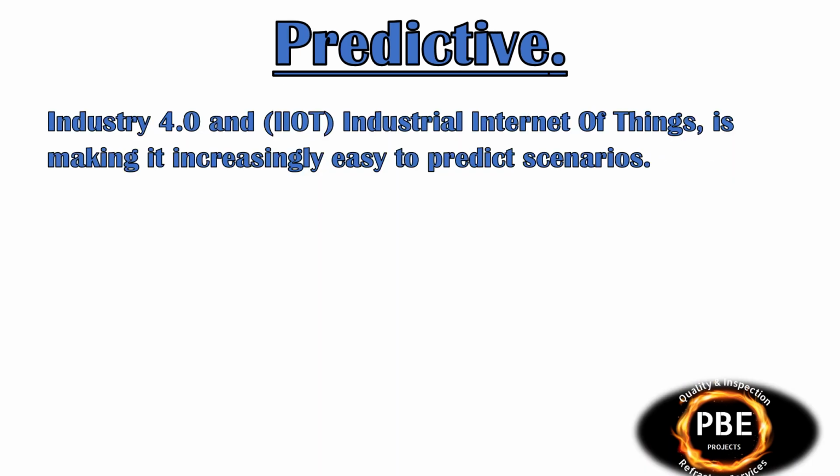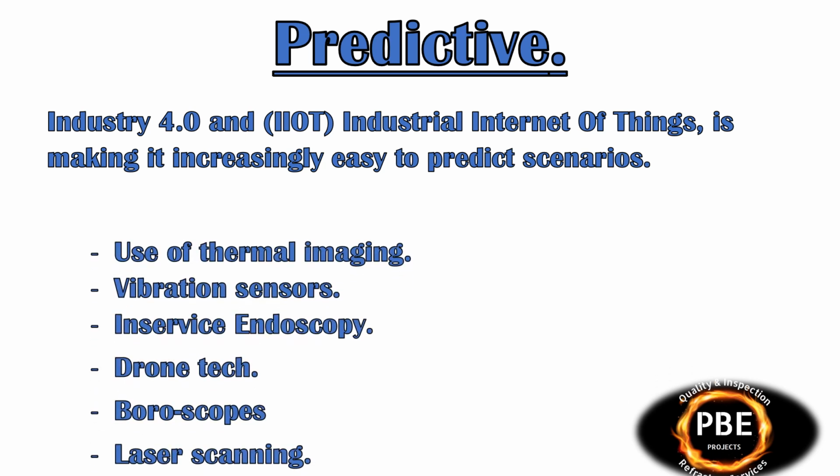Industry 4.0 and the industrial Internet of Things is making it increasingly easier to predict scenarios. The use of thermal imaging, vibration sensors, in-service endoscopy, drone technology, borescopes, and laser scanning. These are just some of the things that make life a little bit easier.